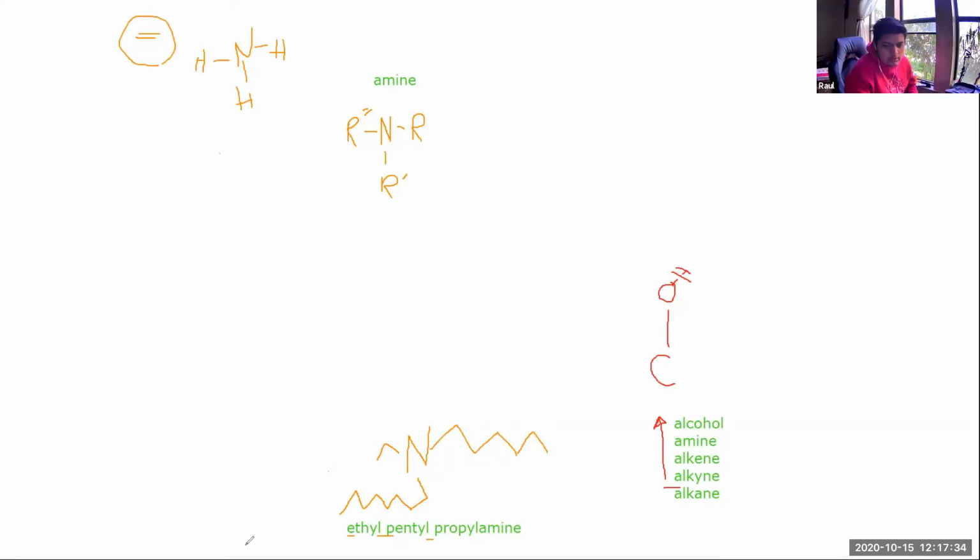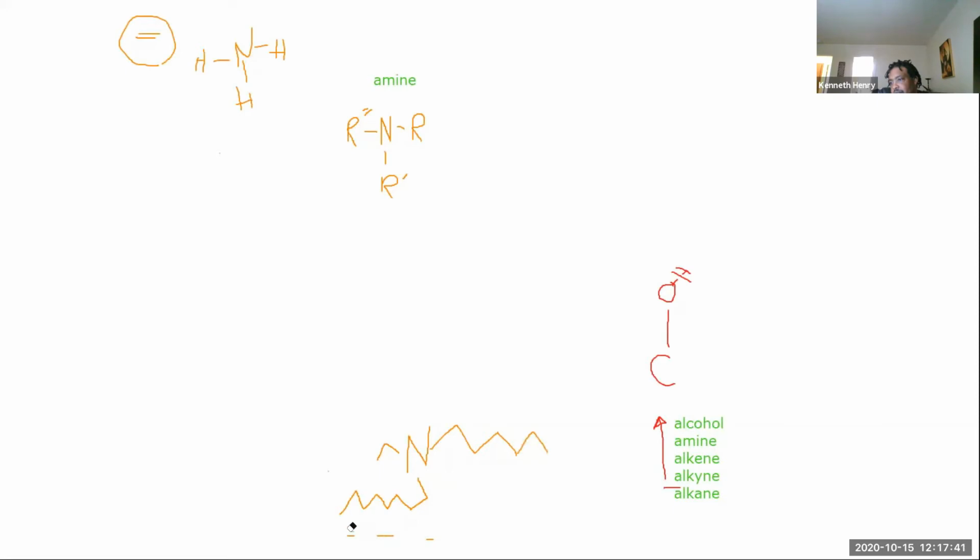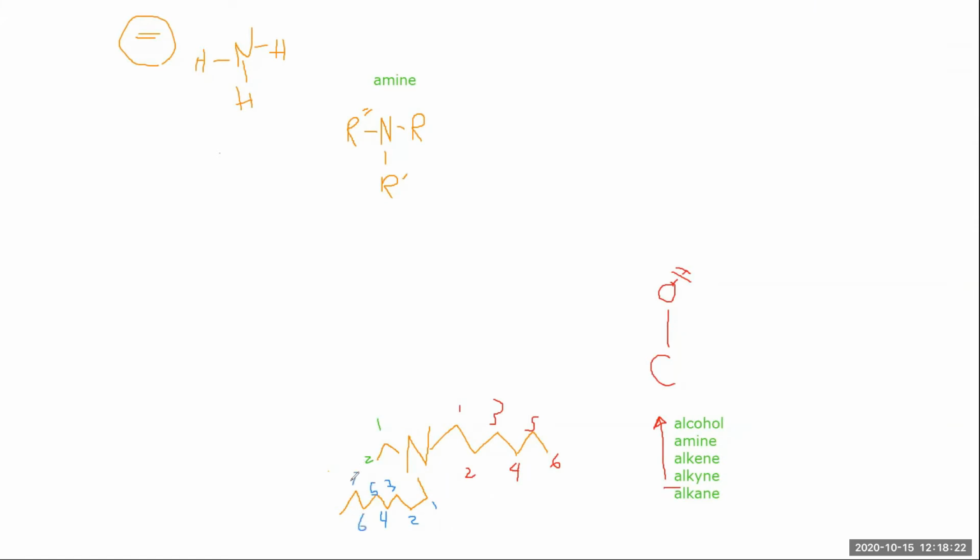It's butyl. Okay, how many carbons? 1, 2, 3, 4, 5, 6. 1, 2, 3, 4, 5, 6, 7, 8. Okay, so what would this guy's name be?